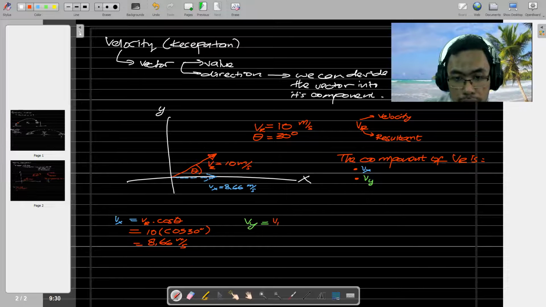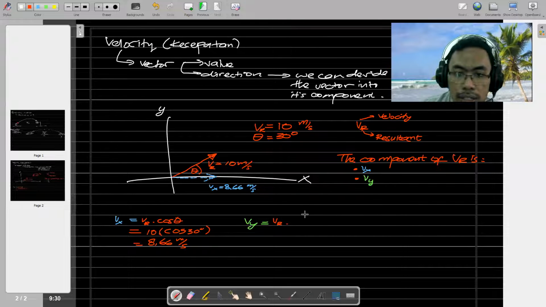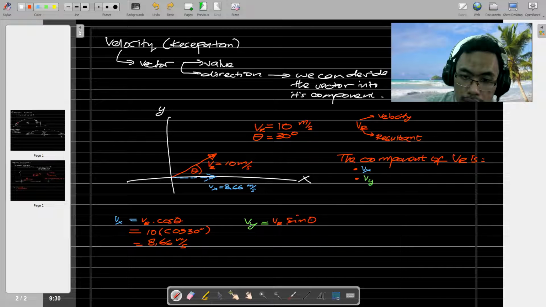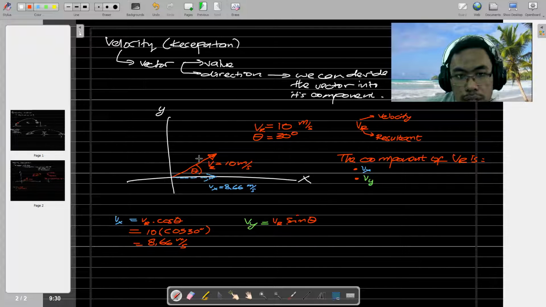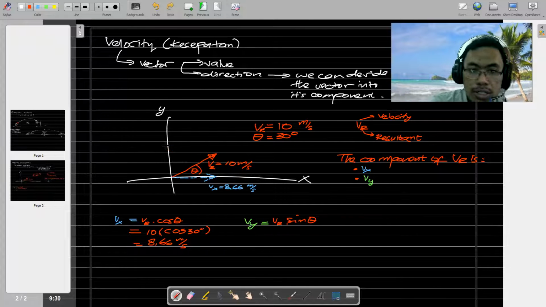We use VR, but this time we multiply the VR with sin theta, because we want to decompose the VR into this y axis.